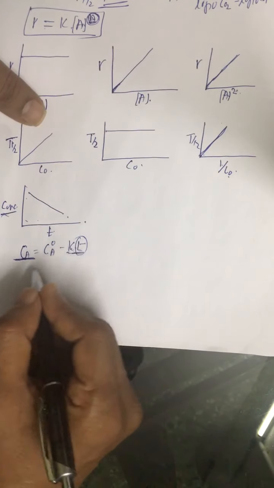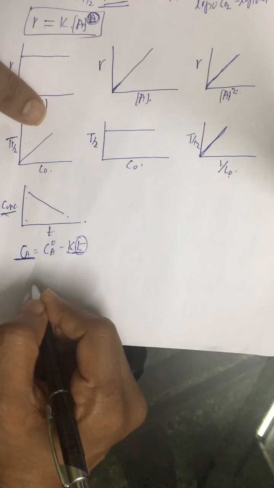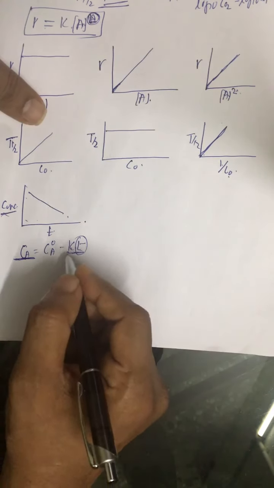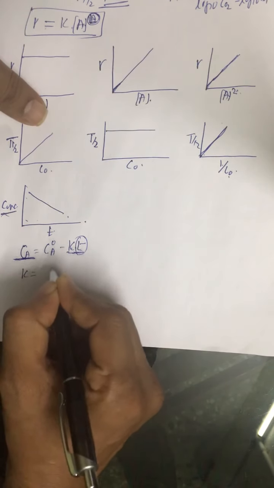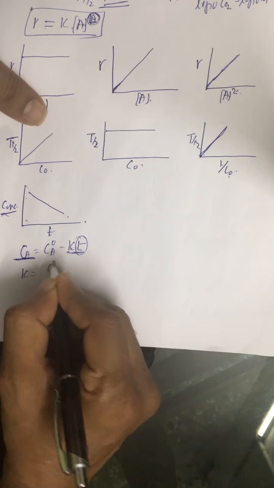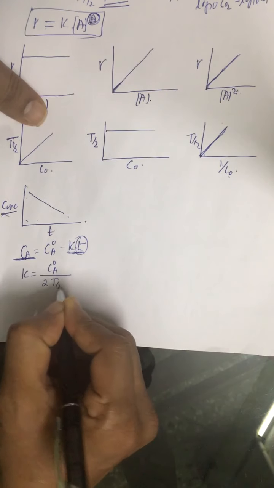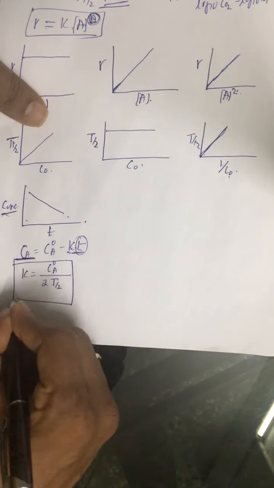Similarly, for a zero order reaction, you must remember one more relation, that is k equal to C0_A divided by twice of T half. Alright, this relation.